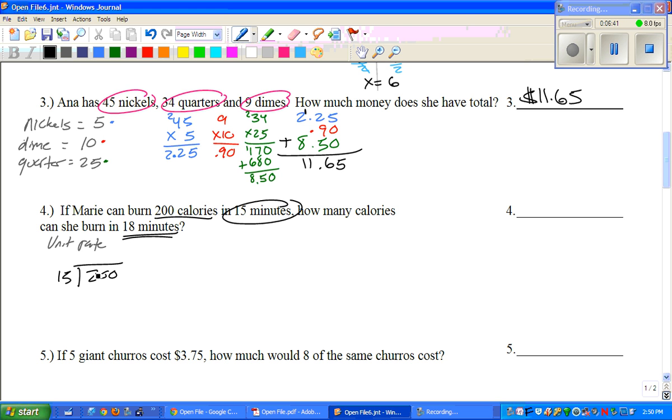How many times does 15 go into 2? None. What about 20? Just one time. How many times does 15 go into 45 without going over?